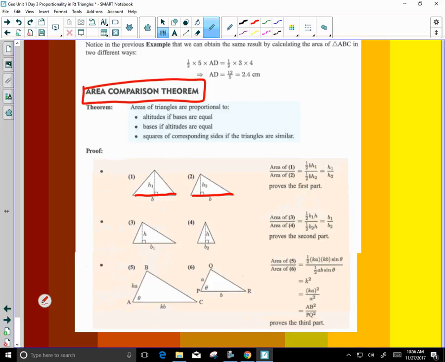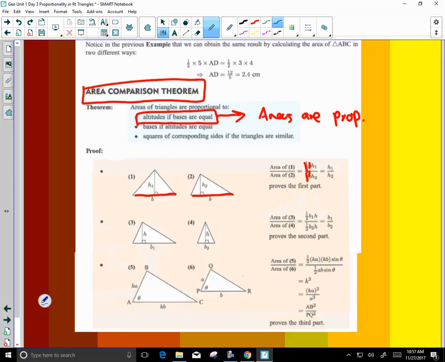So if you find the area of those, the top one, 1/2 base times height 1, the bottom one, 1/2 base times height 2, you can see the 1/2s and the b's cancel. It's the ratio of the heights. So what they're saying is if the bases are equal, then the areas are proportional.